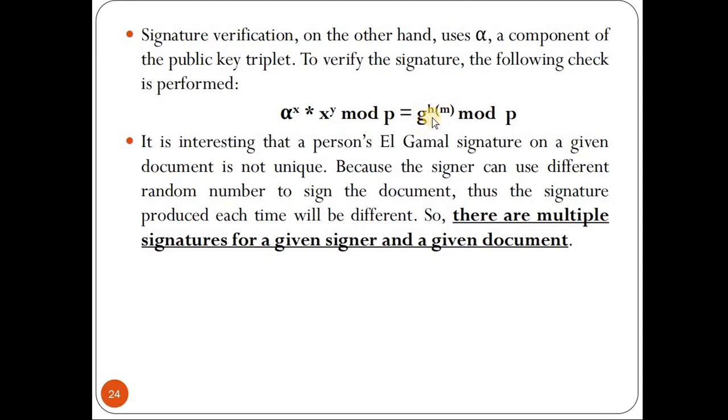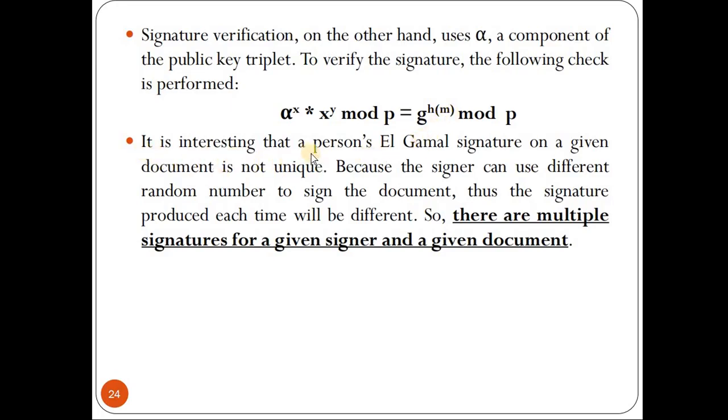Then you have to compute g to the power of the hash of the document mod p. Now this value should be equal to the first value that you obtained. So this is how the signature verification is done. Now g and p are known, since they are part of the public key, so they are known to the verifying user as well. If both the quantities are equal, then we can say that the signature is verified and it's an authenticated signature.